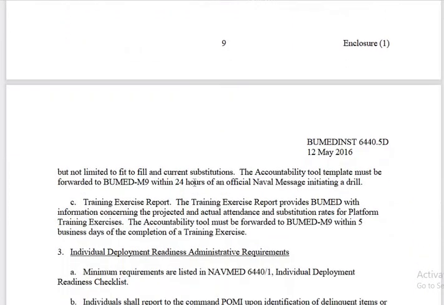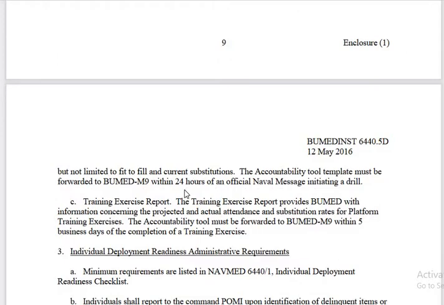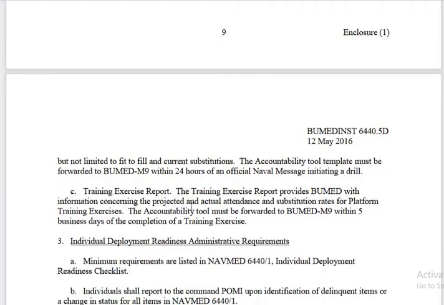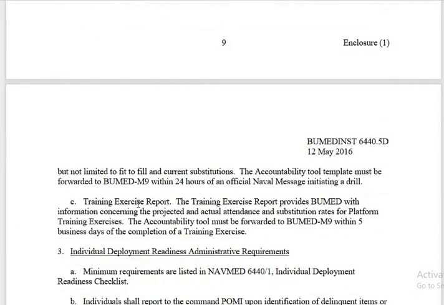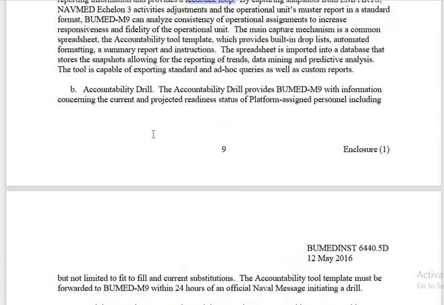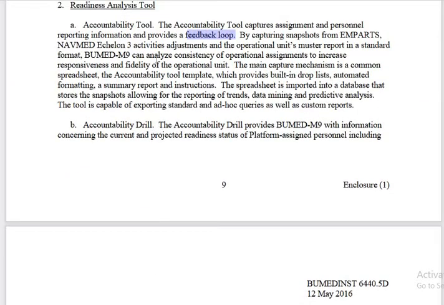But the accountability drill is just a tool that they can use to go look at data. I think about that as the difference between using like Joe's for customer service versus the ICE system. Joe's, you can look at data. ICE system, you can actually manipulate data and respond to comments and stuff. So the big takeaway for me is that the accountability drill is just info, and the accountability tool is that loop.